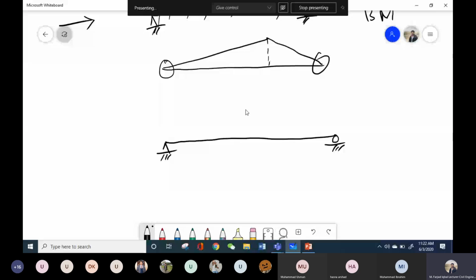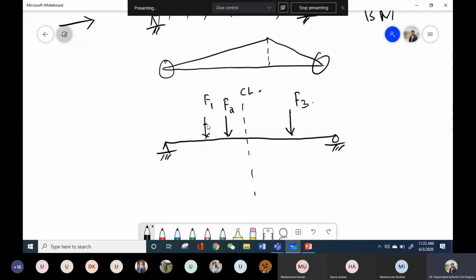For example, consider that this is my simply supported beam and this is the center line, and I have three moving loads: F1, F2, and let's say this is F3.